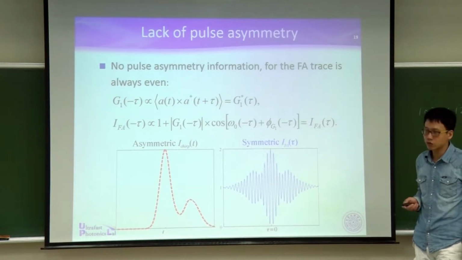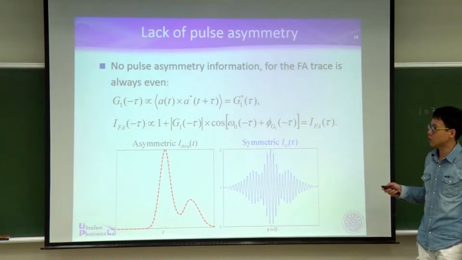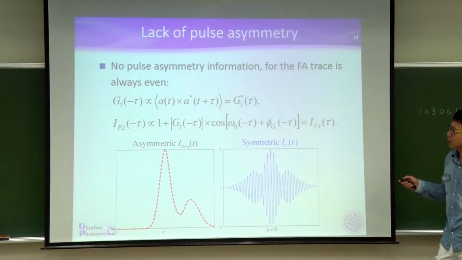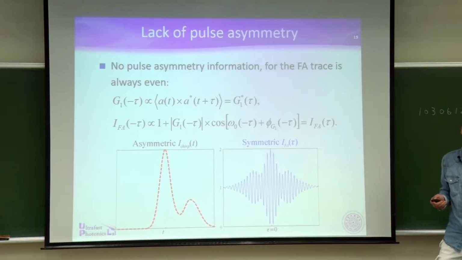And you can easily show this is G1 complex conjugate. So if G1 of minus tau equals G1 tau complex conjugate, it means the magnitude is an even function, but the phase is an odd function, right?